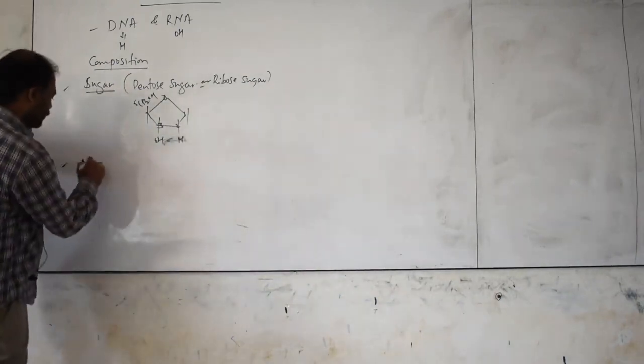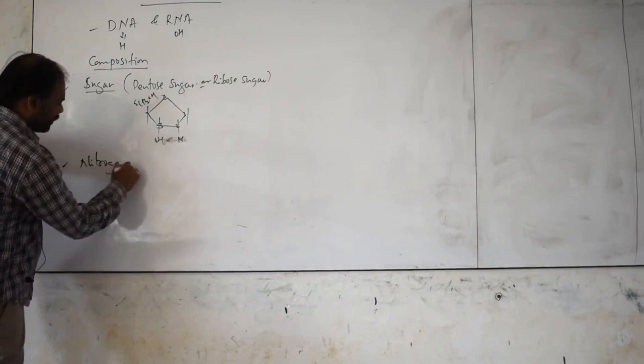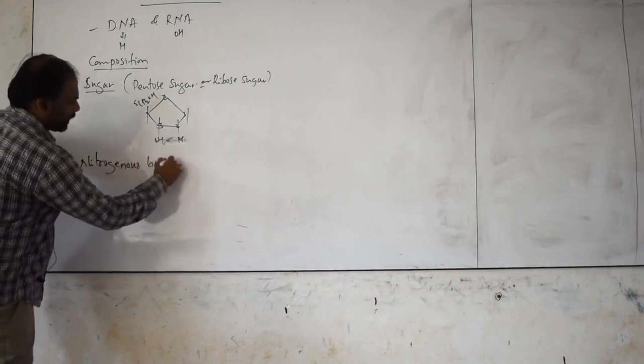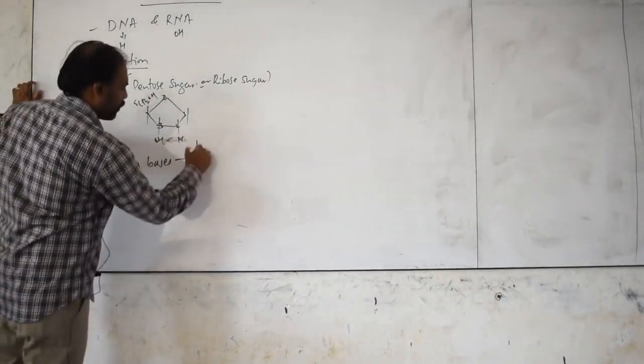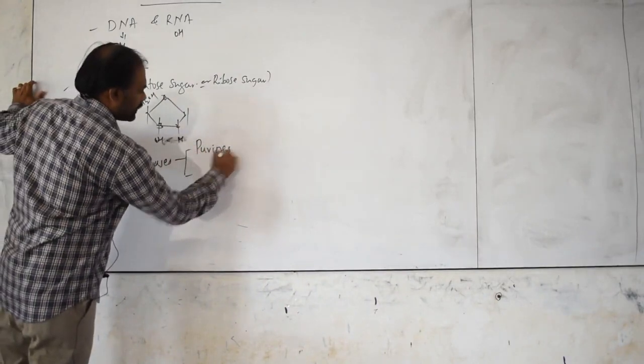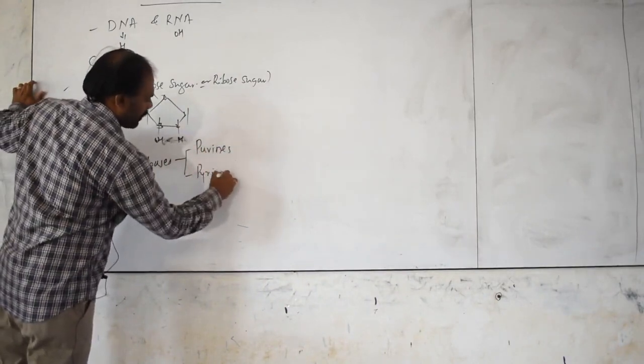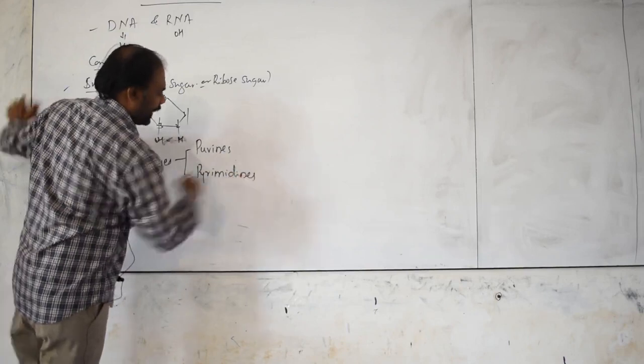Second one, nitrogenous bases. Again there are two types. One is purines, another is pyrimidines.